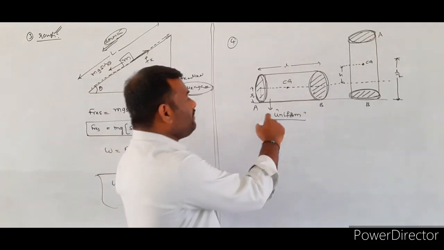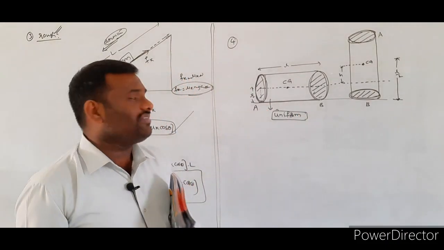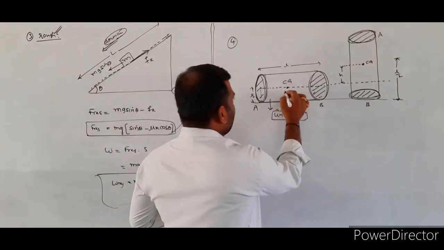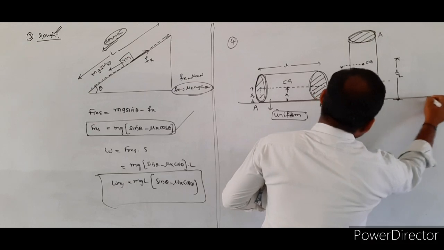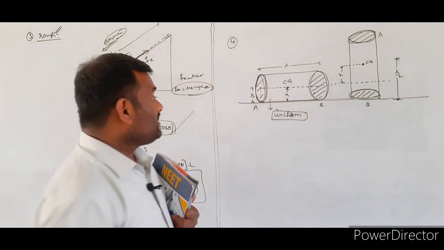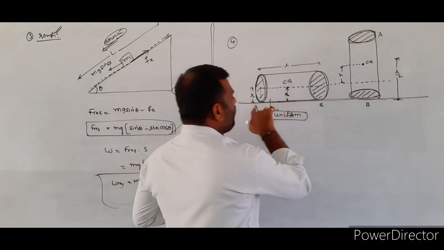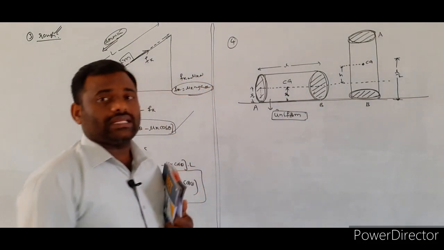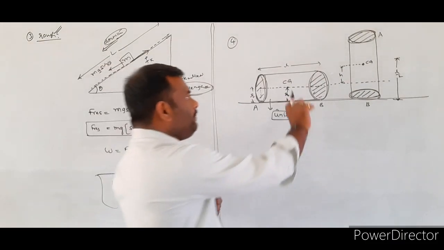Since the cylinder is uniform, first we have to locate its center of gravity. In the initial case, the center of gravity will be at a height of small r with respect to the ground, whenever the curved surface is in contact with the ground. Now, by applying some external force, we make it vertical.